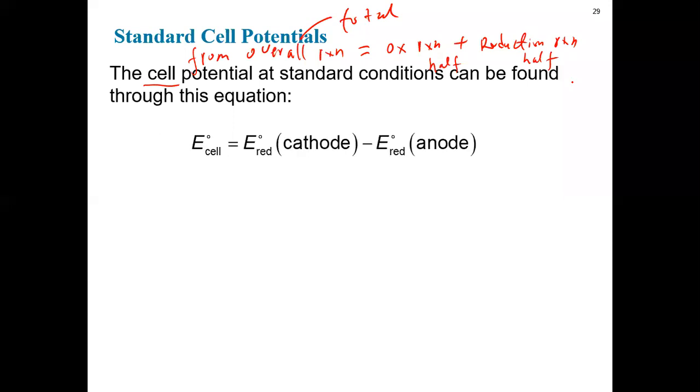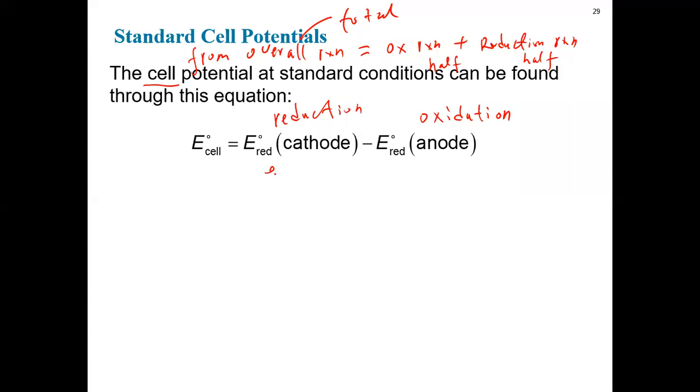You want to calculate the so-called cell potential for the overall reaction. You use this formula. You identify your reduction reaction, which will be on the cathode. On the anode will be our oxidation reaction. Then just go to the table to find the number.